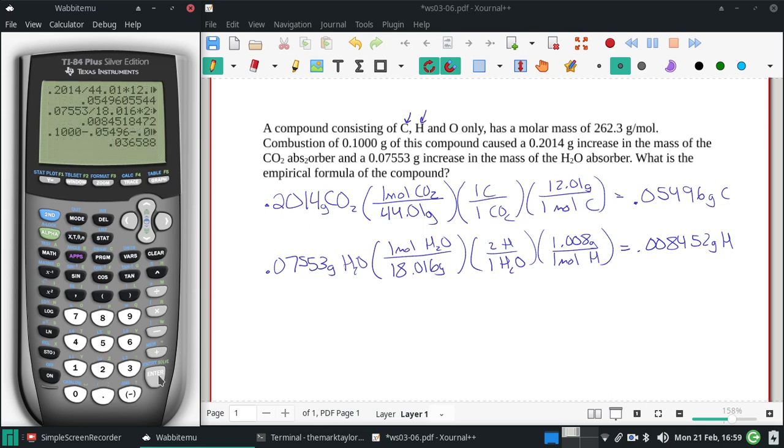That tells us there is 0.03659 grams of oxygen.